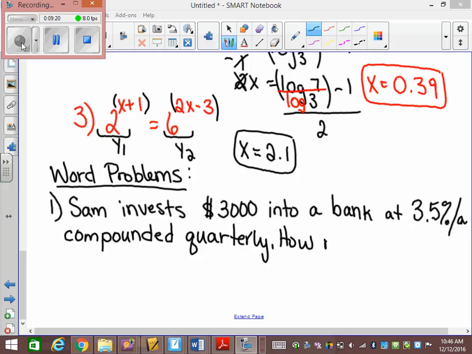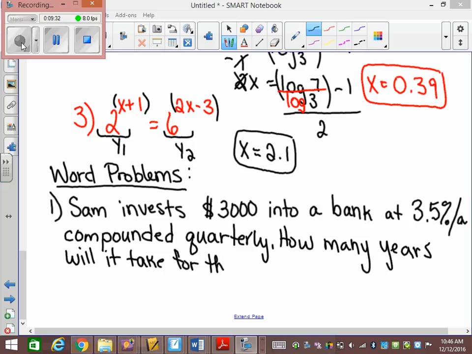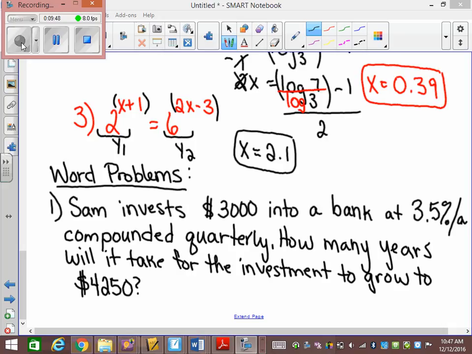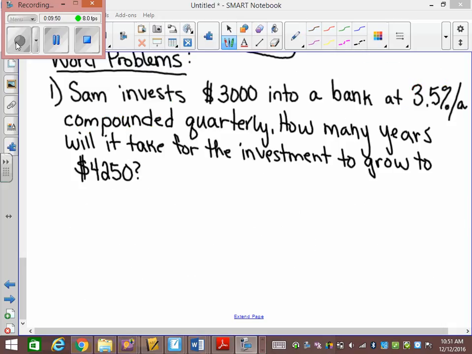How many years will it take for the investment to grow to $4,250? Okay, Sam invests $3,000 into a bank at 3.5% compounded quarterly. How many years will it take to grow to $4,250?